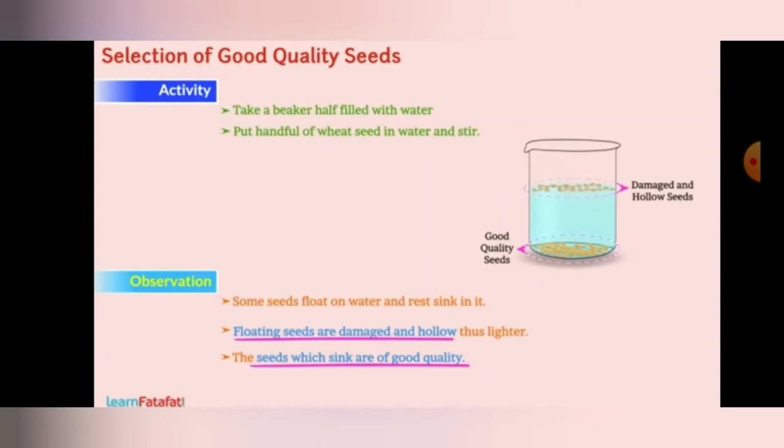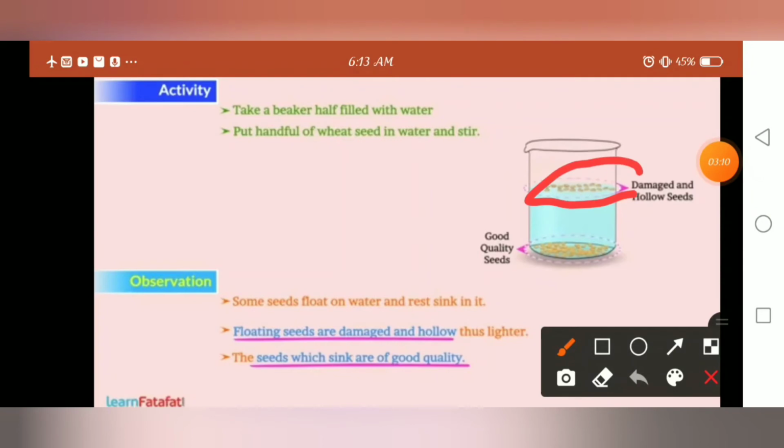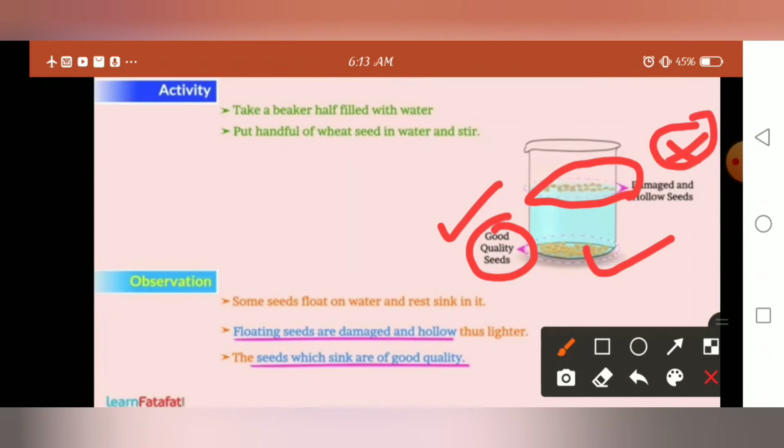They become damaged seeds. Those seeds which are floating are called damaged seeds. Understood? And seeds which are placed at the bottom of the beaker are called good quality seeds. These seeds which sink are good quality. See here. Some of the seeds are floating, some of them sink in the water. So these are the good quality seeds, these are damaged seeds.